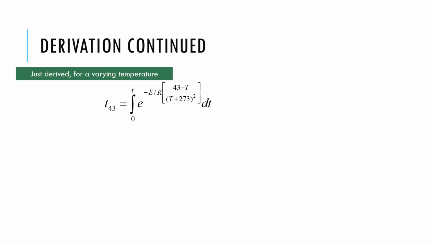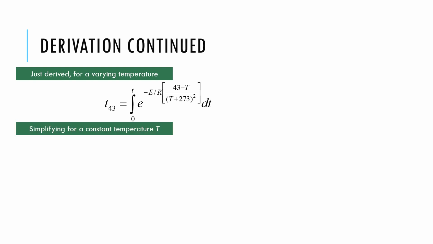So this is the one that we just derived, and if we continue the derivation, you notice that if the temperature is constant, meaning the heating at the other temperature T for time T, it's at a fixed temperature. It's not 43, it's at a different temperature, but at a fixed temperature.